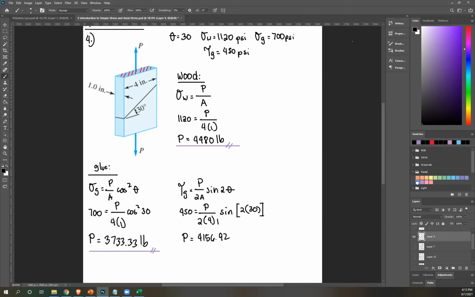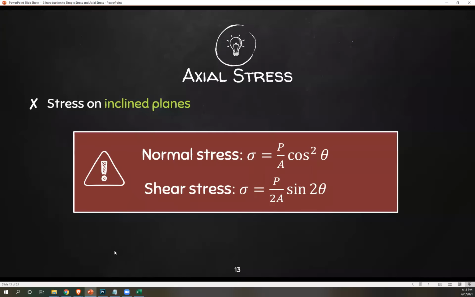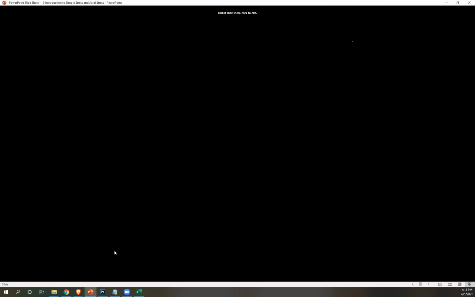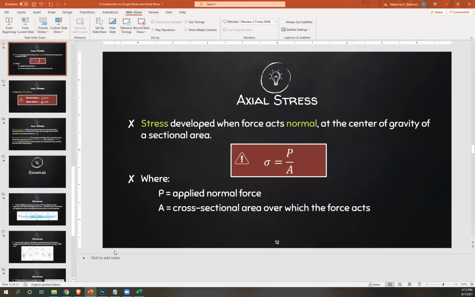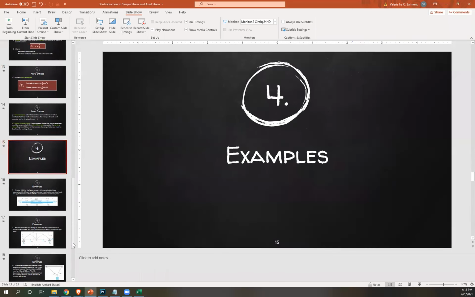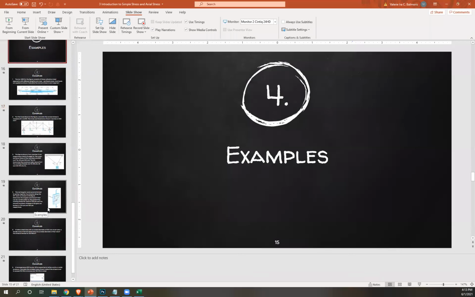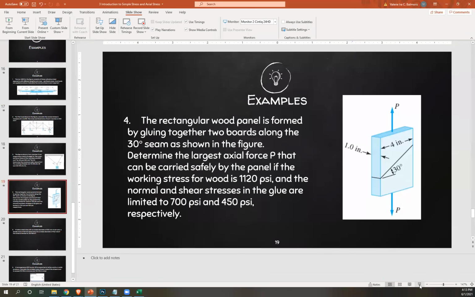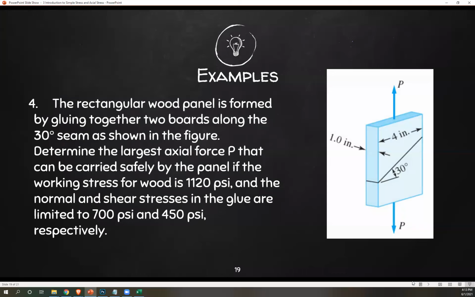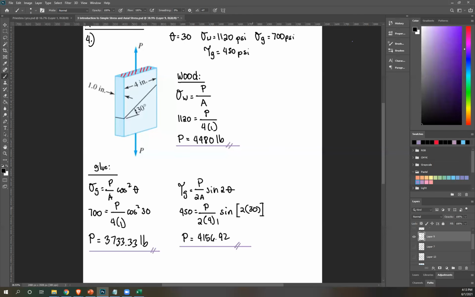Now, the question is, which of these three is the answer to our question? Let's go back to what is being asked. Largest axial force P that can be carried safely. So which of the three should be our answer?